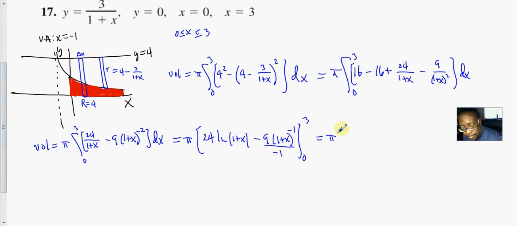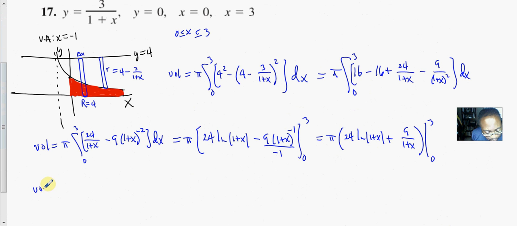This is pi times 24, the natural log of absolute value of 1 plus x plus 9 all over 1 plus x. That's evaluated from 0 to 3. So the volume is pi times 24, the natural log of 4 plus 9 over 4.